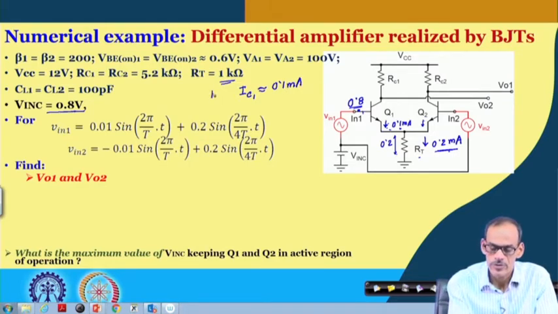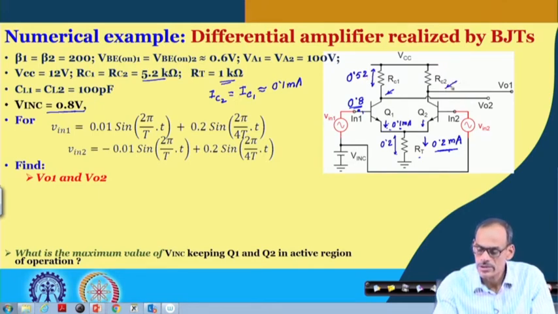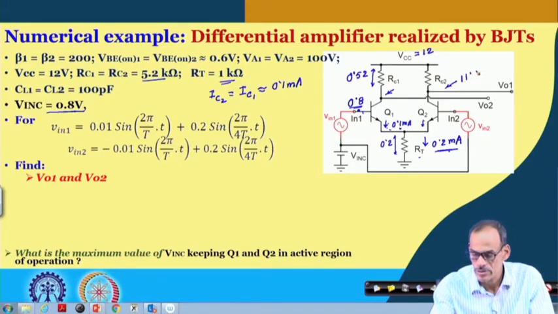Same thing for IC2 as well, and then the drop across this resistance, which is 5.2 K, is only 0.52 volt. So, the DC voltage here and here is 12 volt minus 0.52, so that is 11.48 volt.